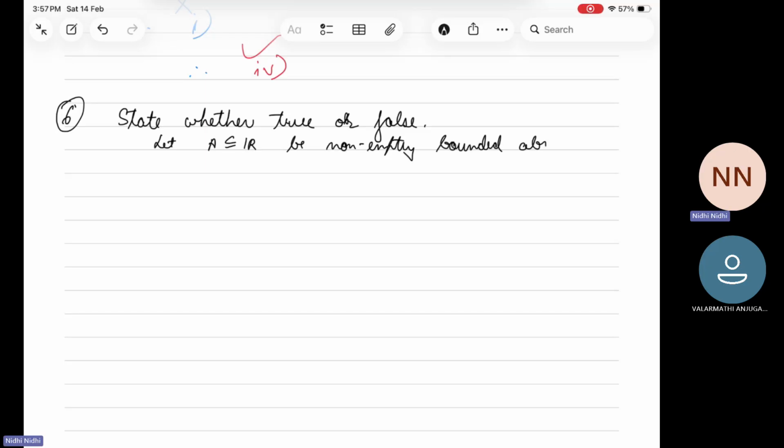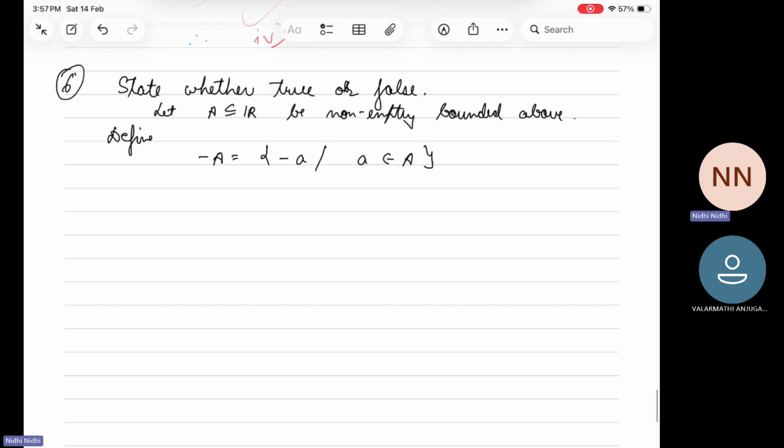Now define the set minus A. It has all elements of the form minus a, where a belongs to capital A. They are saying that then the set minus A is bounded below, and the infimum of minus A is equal to minus supremum of A.